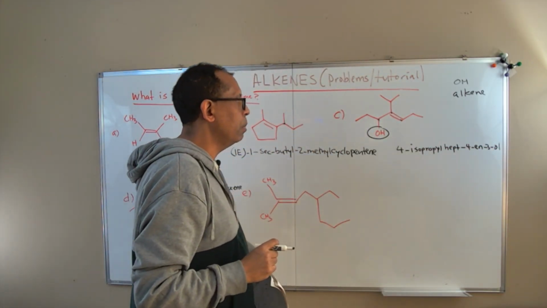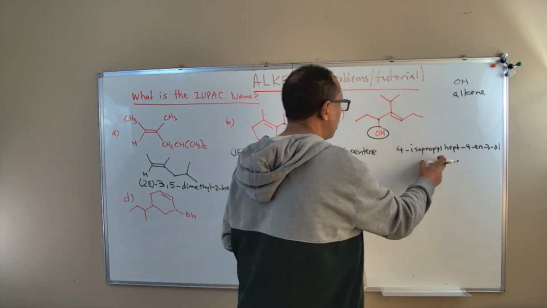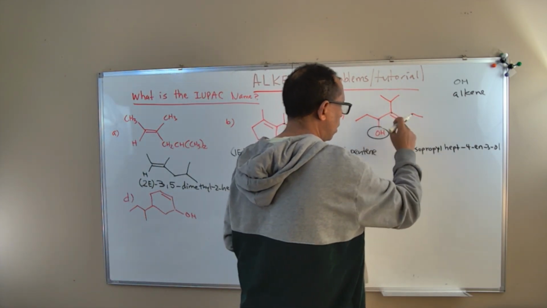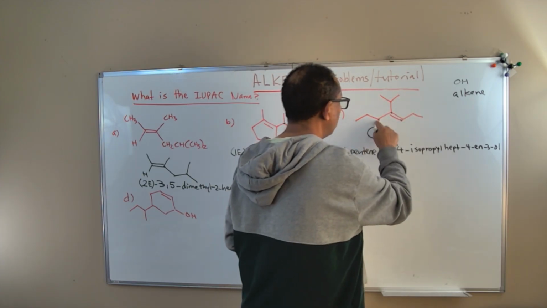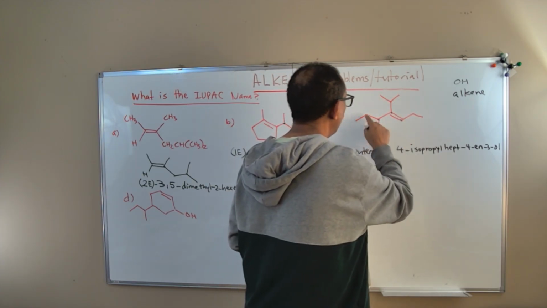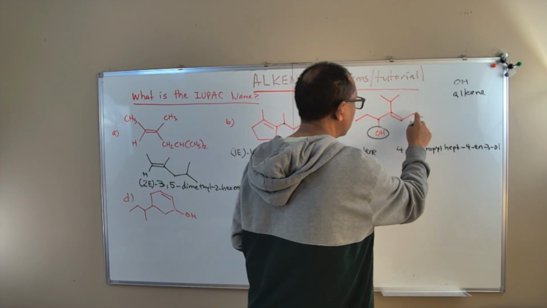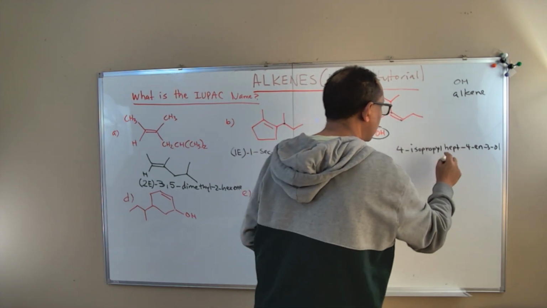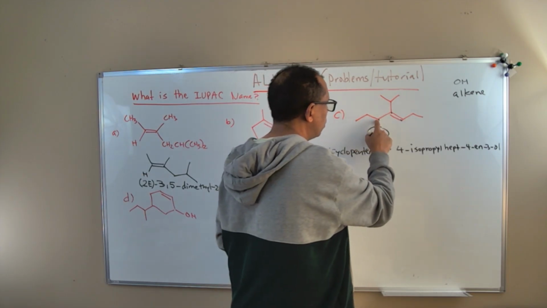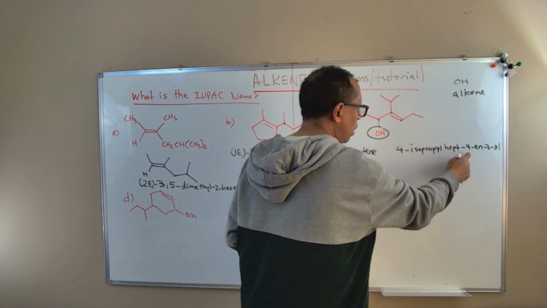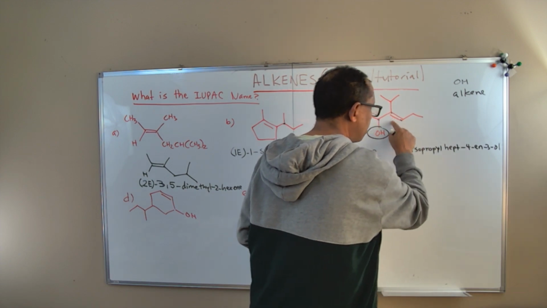This is how you name it. 4-isopropyl, 1, 2, 3, 4. This is the isopropyl chain. Hept, because 1, 2, 3, 4, 5, 6, 7. That's hept. And the ene is at the 4 position. The alkene is at the 4 position.